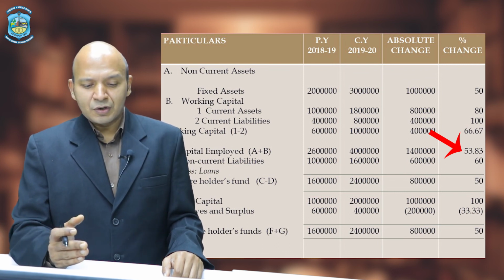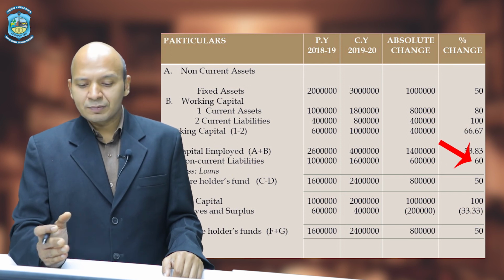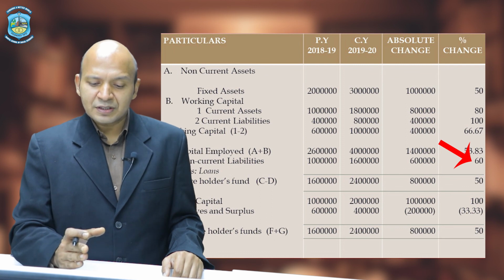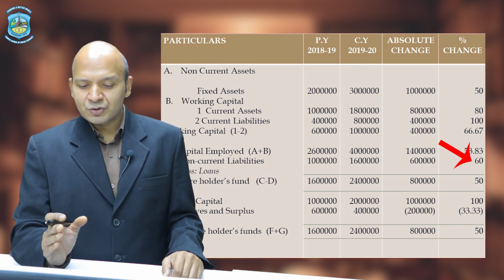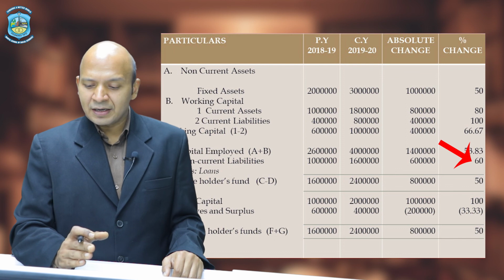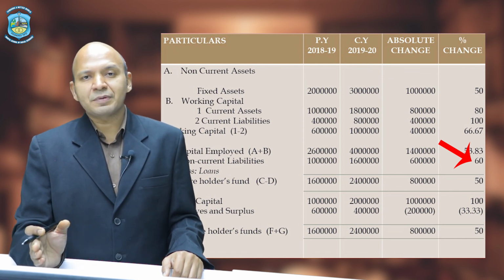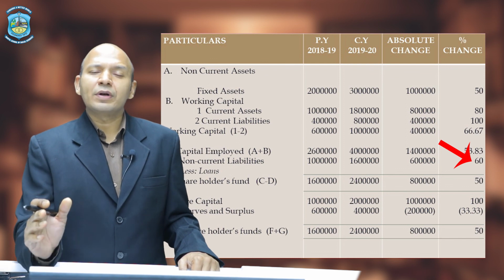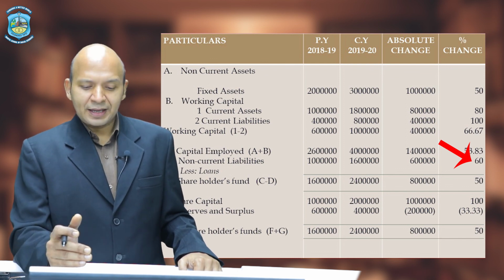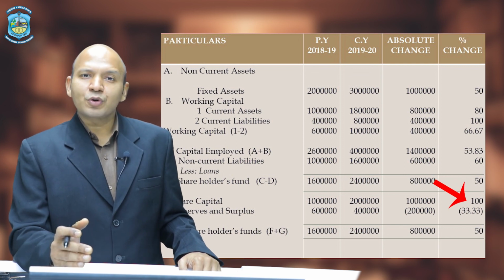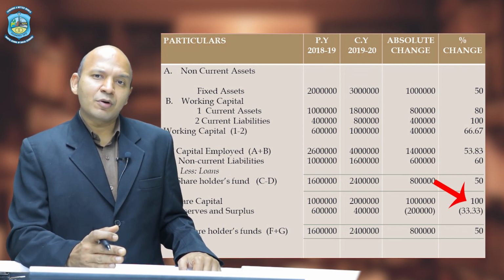Non-current liabilities includes long-term loans. Absolute change was 6 lakhs, previous year amount was 10 lakhs. So 6 lakhs divided by 10 lakhs multiplied by 100, the percentage change is 60%. For calculating percentage change on share capital, same way we'll be applying the formula. Absolute change was 10 lakhs, previous year amount was 10 lakhs.